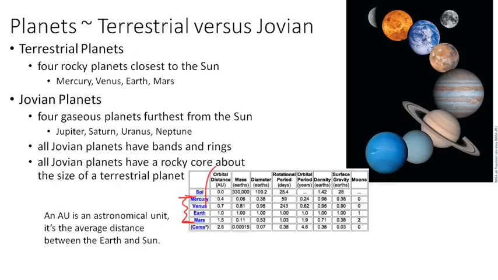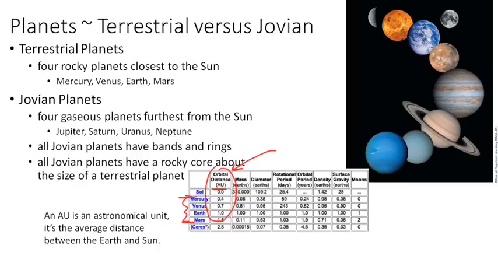This first column I wanted to mention, in outer space, we need to talk about distances differently than just inches and meters and miles even. One thing that's helpful, at least within our solar system, is the distance of an AU, an astronomical unit.